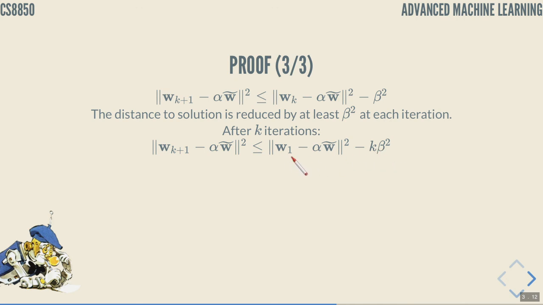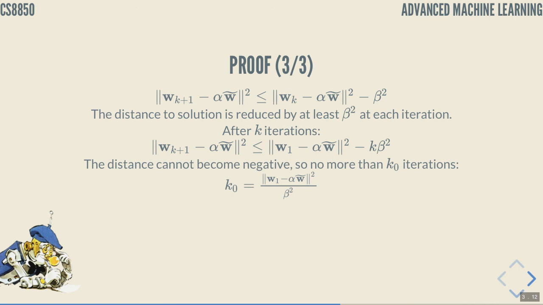If we start with 1 and we get to k plus 1, we made k beta squared reductions. So, and the distance, this part, cannot become negative, so it cannot be less than or equal to some negative number. So this number can only be positive.